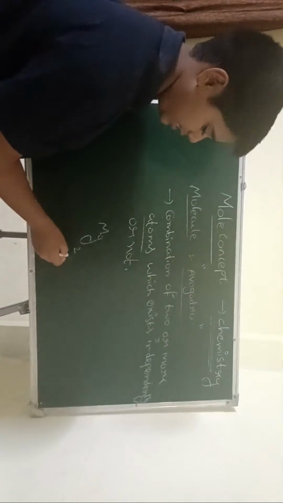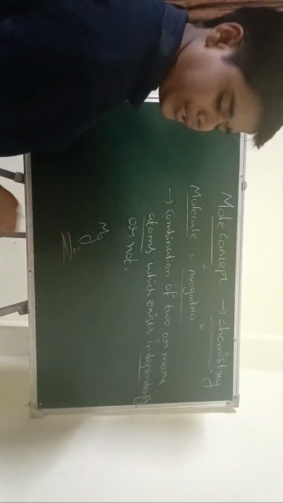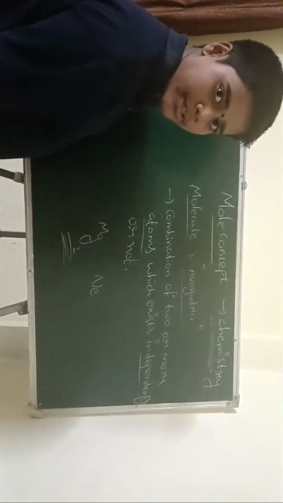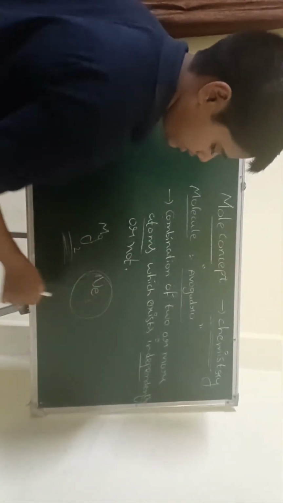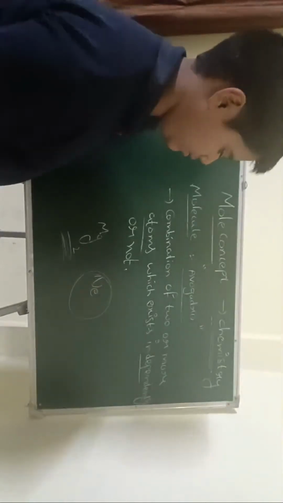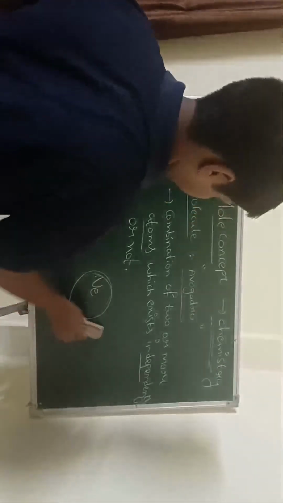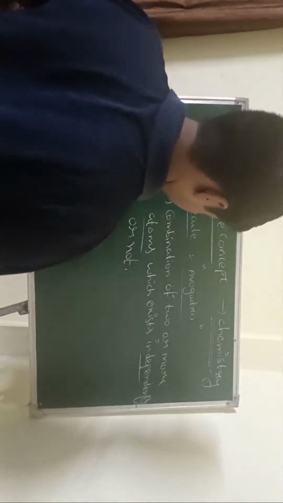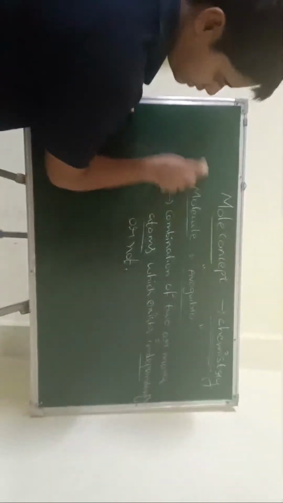For example, neon means only one atom, so it exists independently like this only. And this is a molecule.